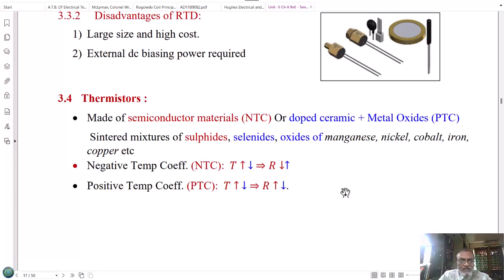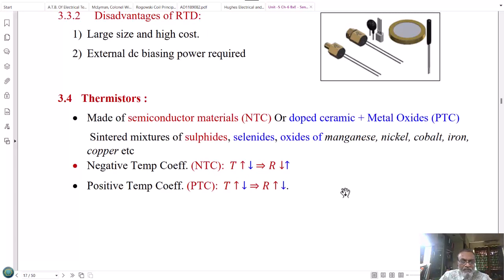The negative temperature coefficient (NTC) means when the temperature of a thermistor is increased or decreased, the resistance of the thermistor will decrease or increase respectively.